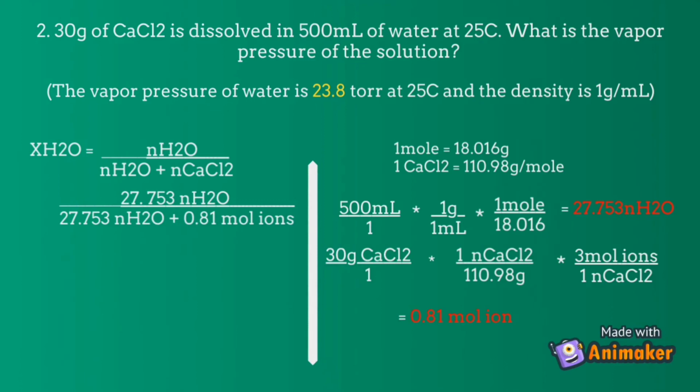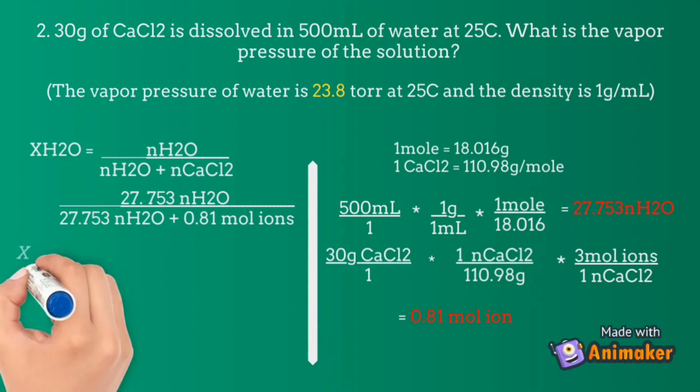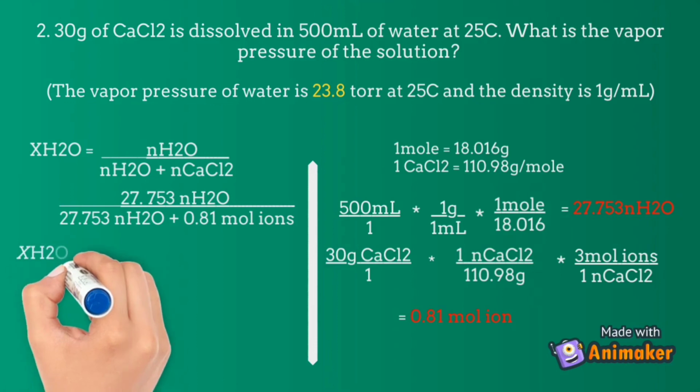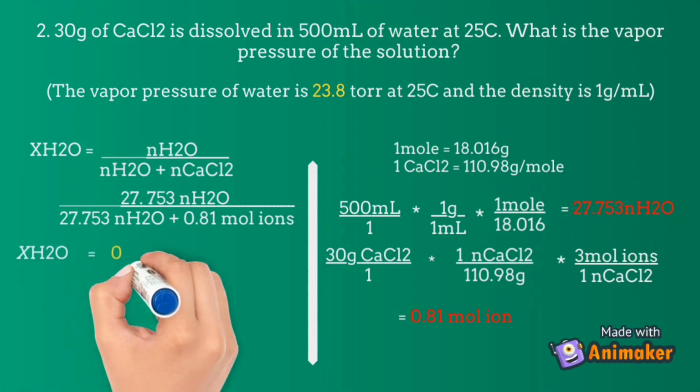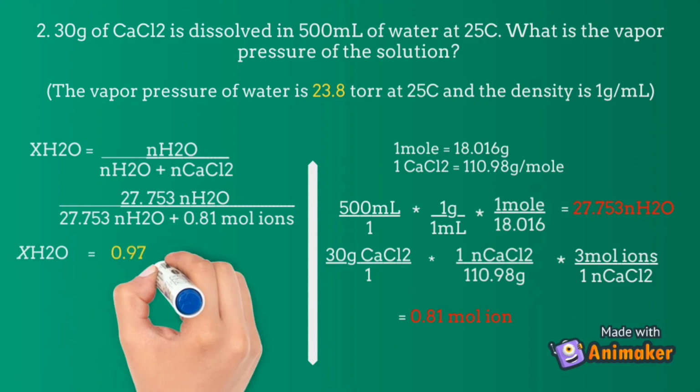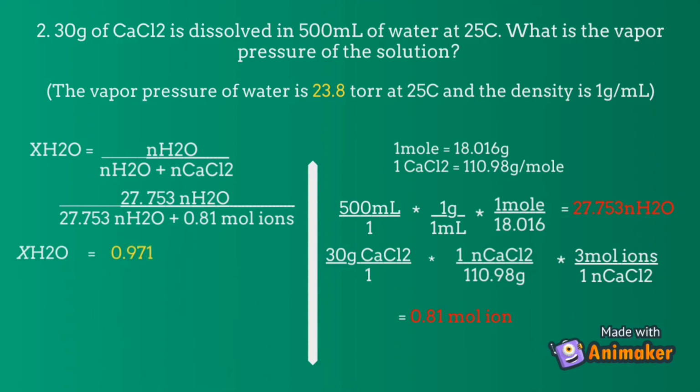We add 27.753 mole of water plus 0.81 mole ions, and then divide 27.753 mole of water over the answer. Then we got our X solvent, which is 0.971.